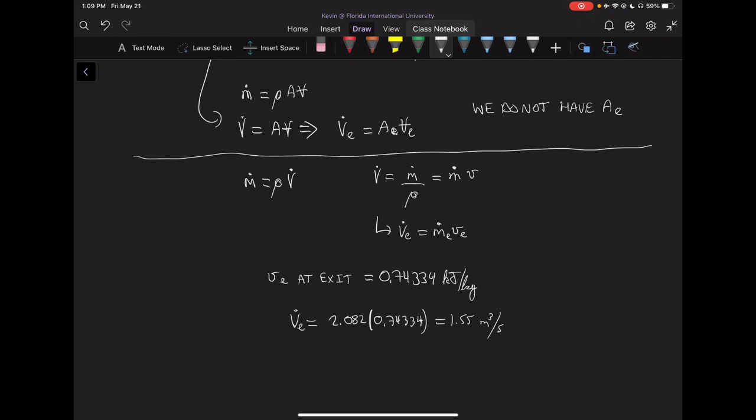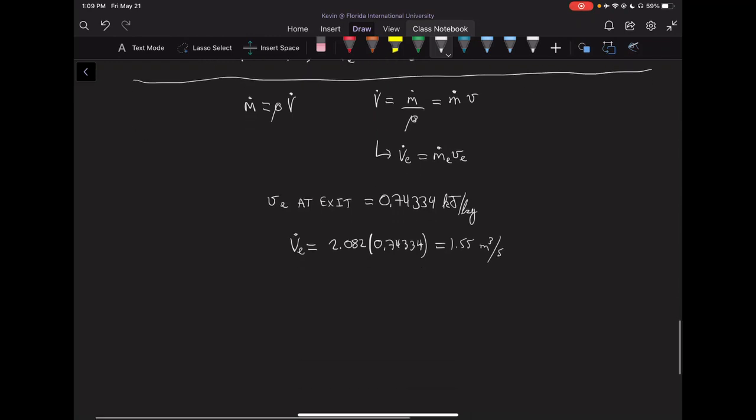Okay. We could have also used a different way of getting there, exactly the same equation. If we had started with our mass flow rate equation saying that it's equal to AV over specific volume, we know that AV is equal to volume flow rate. So that means that mass flow rate is equal to volume flow rate over specific volume.